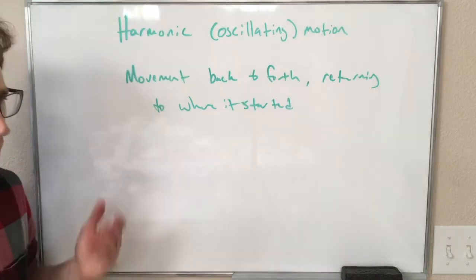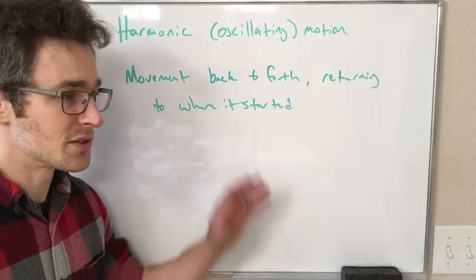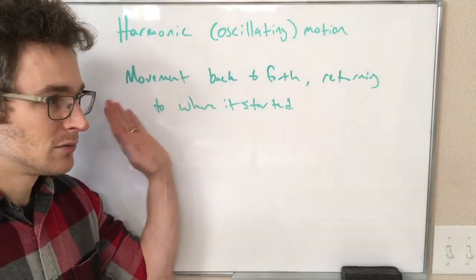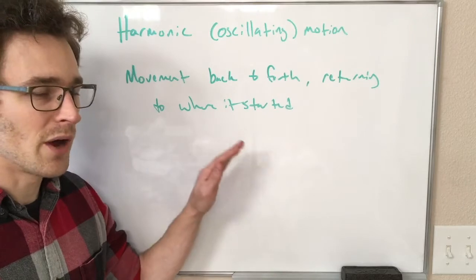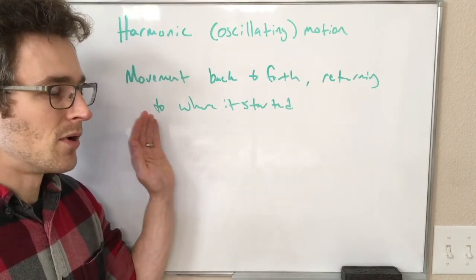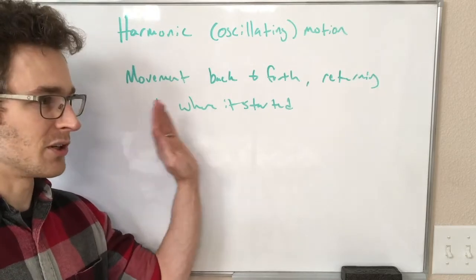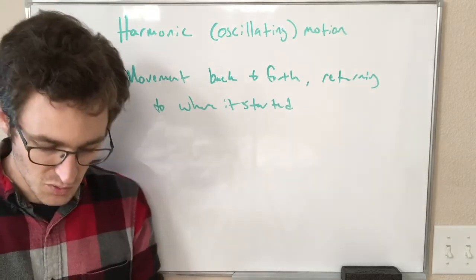Another example could be a tree that's blowing in the wind, and as a result, it is swaying back and forth a little bit, right? So, returning to where it started, every once in a while, it ends up at the same point of this motion again. If it starts on the left and it blows to the right and sways back to the left, it has returned to where it started.